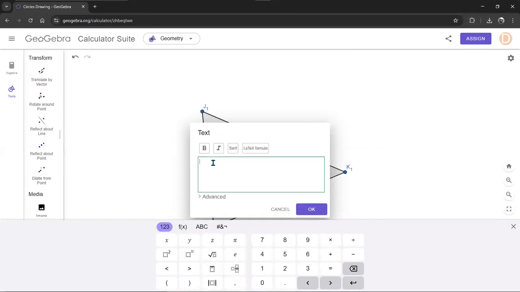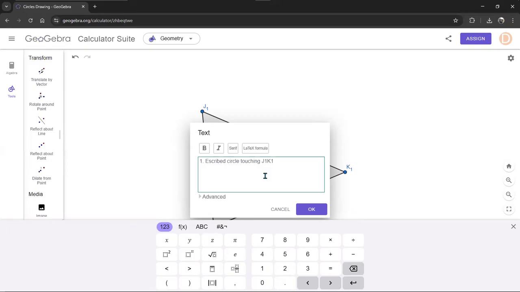So I have one Escribed circle touching. I think we should draw two of these, right? So the first one touching J1, K1.